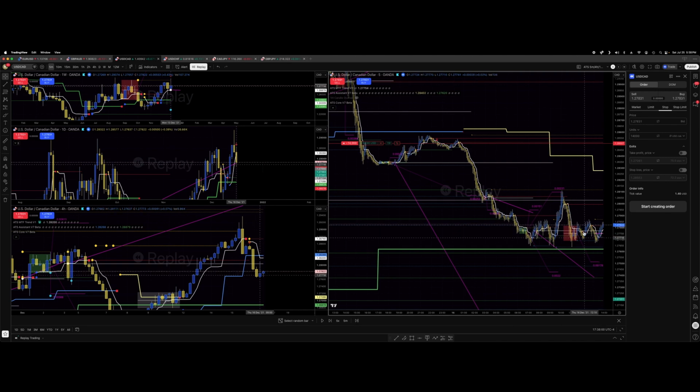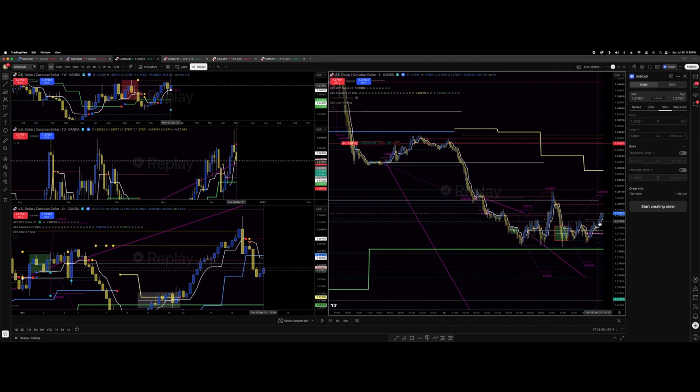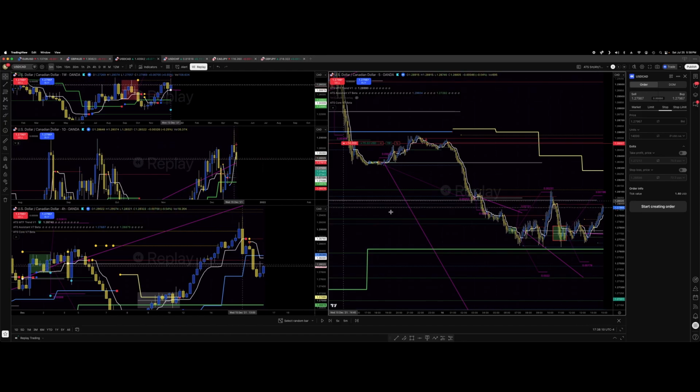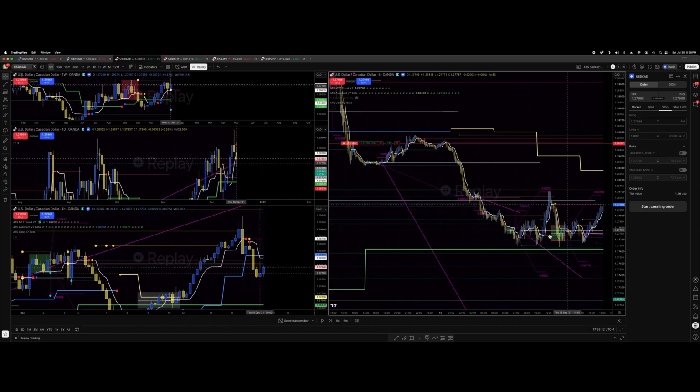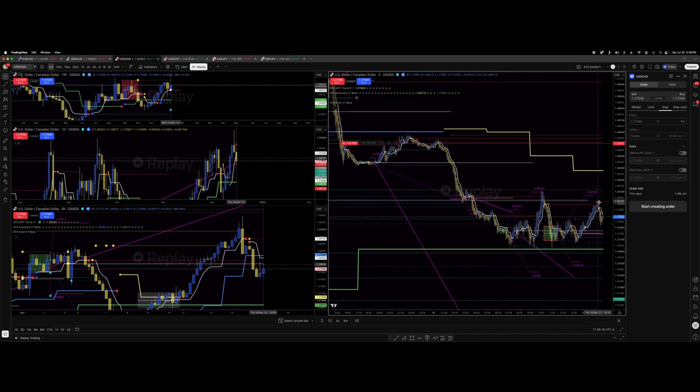We're bopping and weaving along this. We keep projecting off of this area. I don't see any other. This one. Yeah. Does it want to go up or does it want to go down? Let's see what it does off of here.